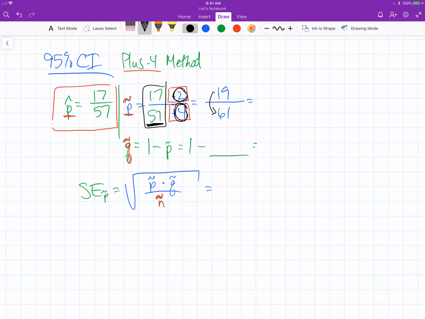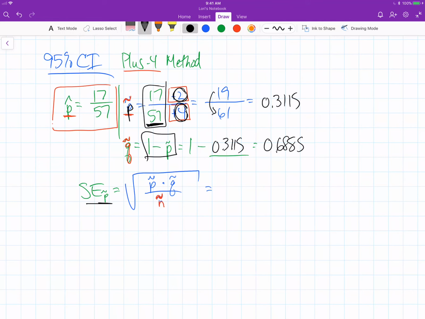So here we have our 19 over 61, and our new p, or proportion, is equal to 0.3115, and q is just the inverse of that. The two numbers need to add to 1, so 1 minus 0.3115 is equal to 0.6885. Those two numbers should add up to 1.